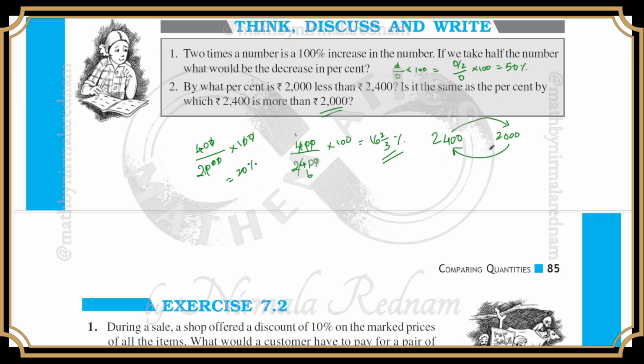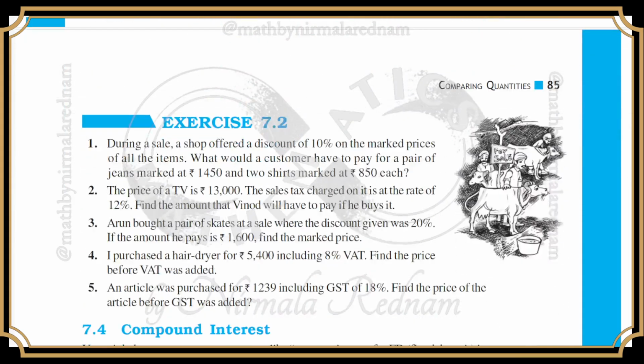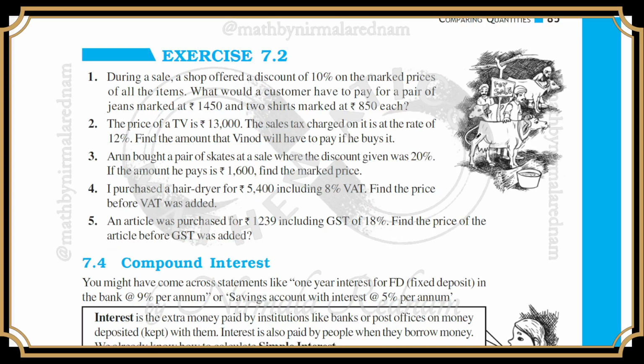So why is this percentage not the same as this percentage? Simply because when you're calculating A, I'm taking this as my base. When I'm calculating B, I'm taking this as my base. So wherever you start from, that point is going to be your base. That is the denominator. Okay. So that is about the try these and think discuss.